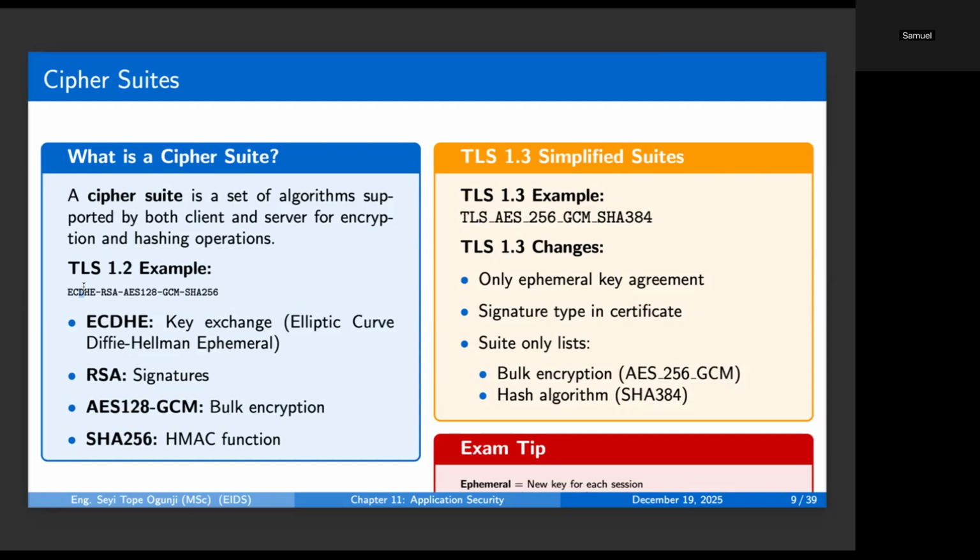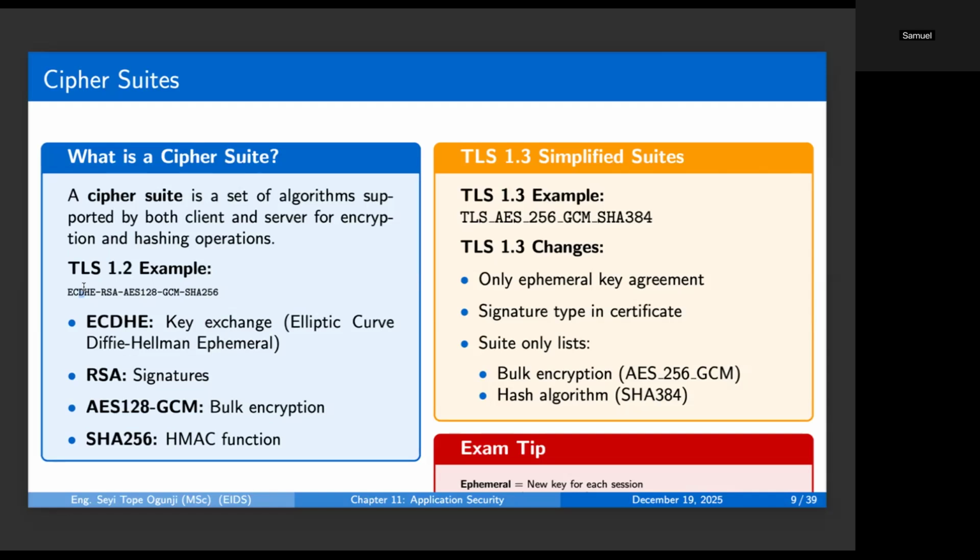So that's where ephemeral comes into it. It means that if one key is stolen, it only affects that one conversation. If our conversation is broken into 10 blocks and one of our keys were stolen, that stolen key will only compromise that block where we had a communication. The other 9 sessions are secure.